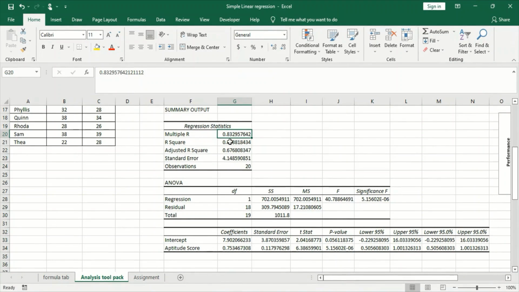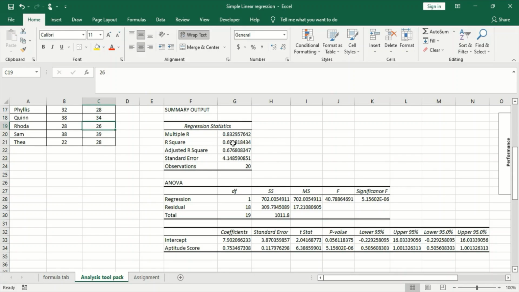Our R squared is basically telling us, if we draw a regression line, remember that the equation gives us a straight line, right? By the time we draw that line and plot this graph, how many of the random points fall onto the line that this regression line gave us?